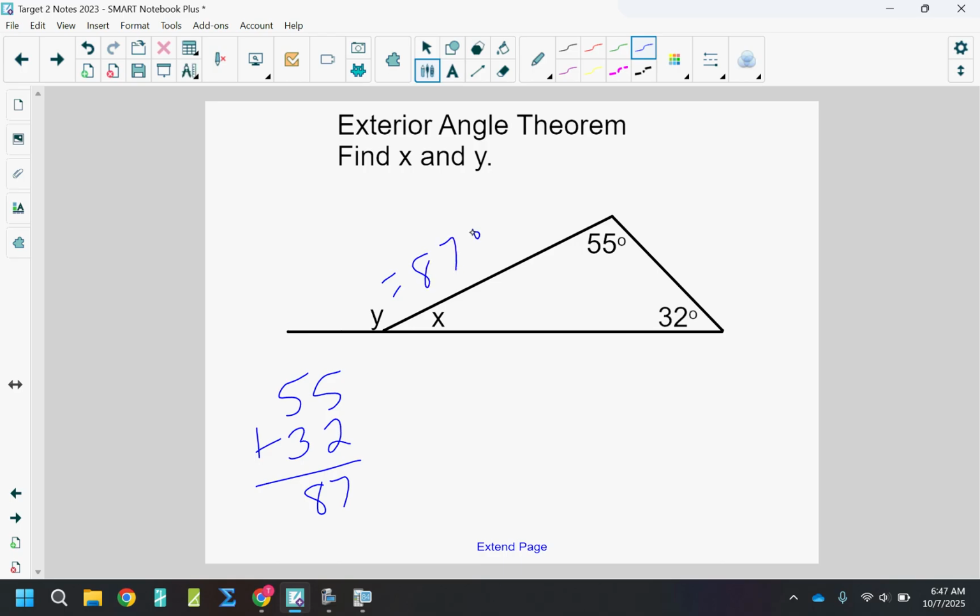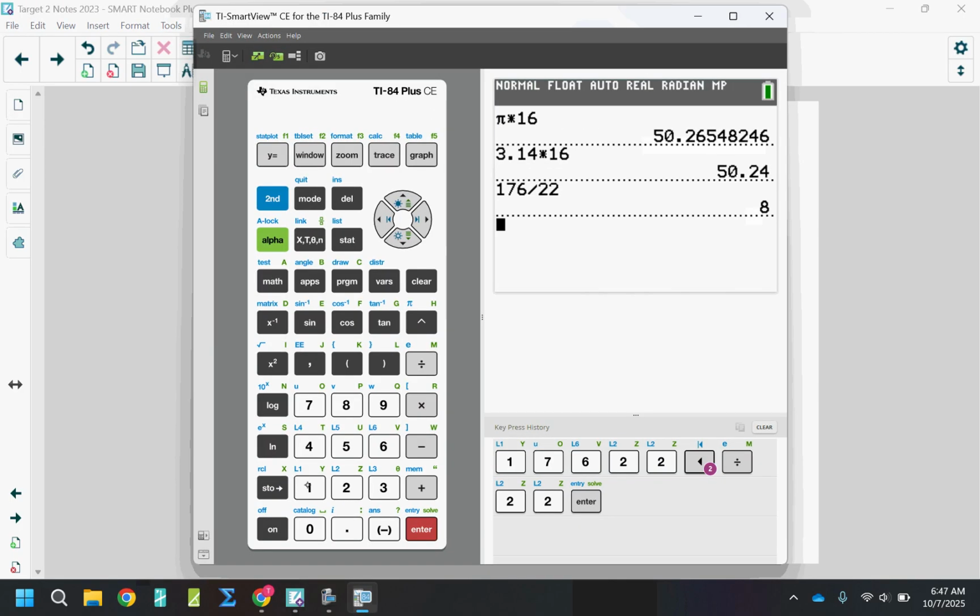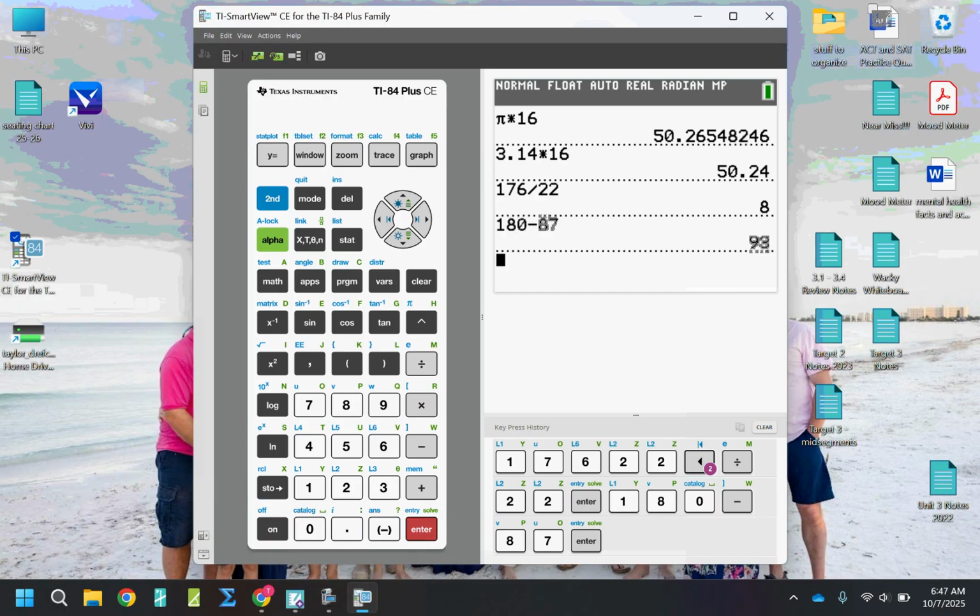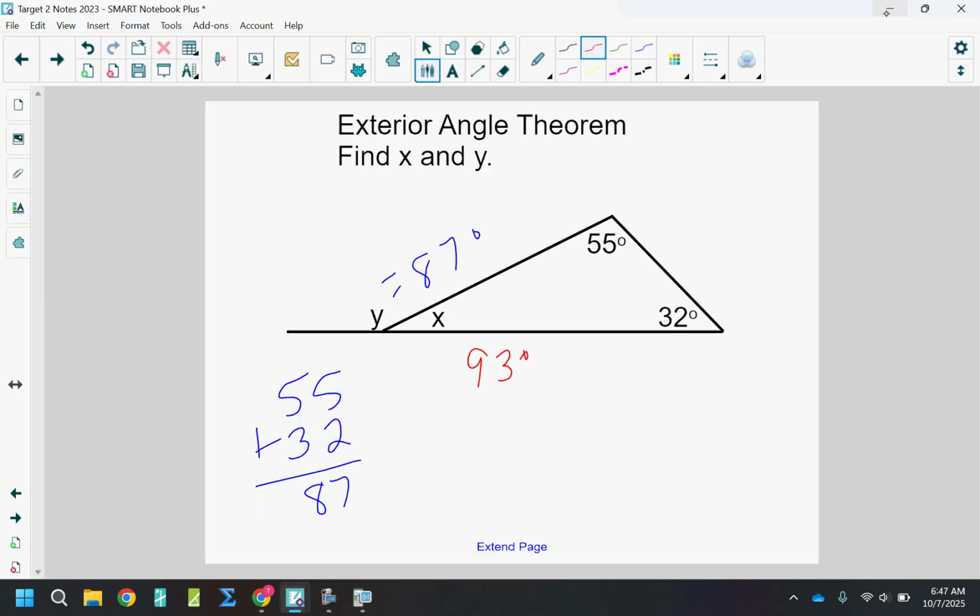I could now find x by doing 180 minus that angle because x and y are a linear pair. So let's see, that should give me 93 degrees. Let me just double check my math. 180 minus 87. Yep. Okay. Or I could have found x by doing the three angles add up to 180 and solving for x. So I could do that one either way.